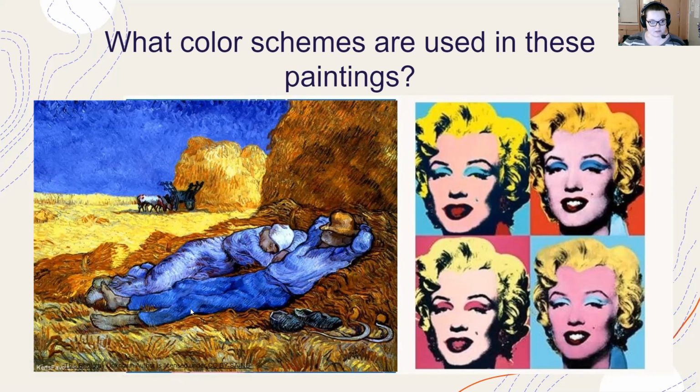The same shade of blues in the sky as is in the pants of the man. And then you can see some of the blue in the cart in the background. And even in the shoes. It's consistent and unified.